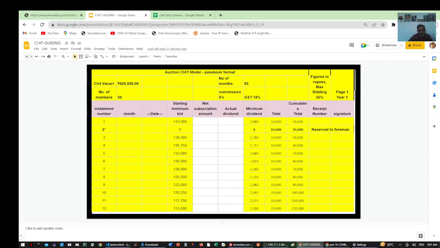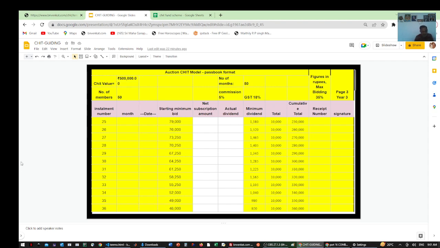The same columns are here, to be filled up: installment number, month, date, starting minimum bid, net subscription amount, actual dividend, minimum dividend per head, total per head, and so on. This will be for the first year, the same format for the second year. Only minimum bid amounts are already pre-printed.